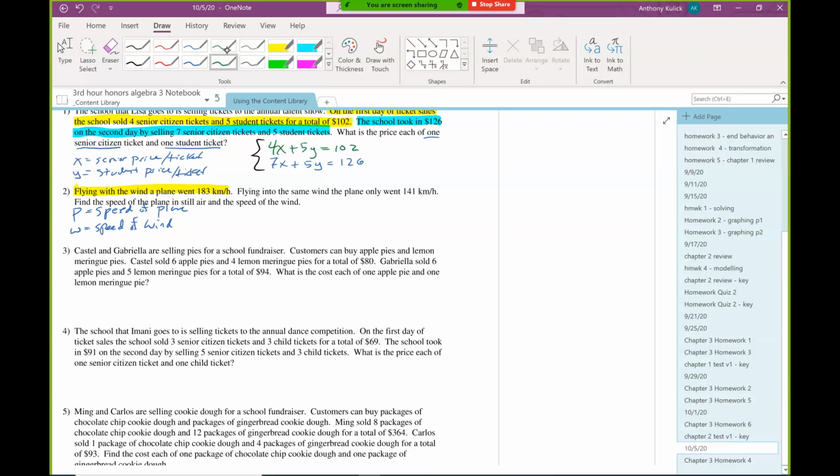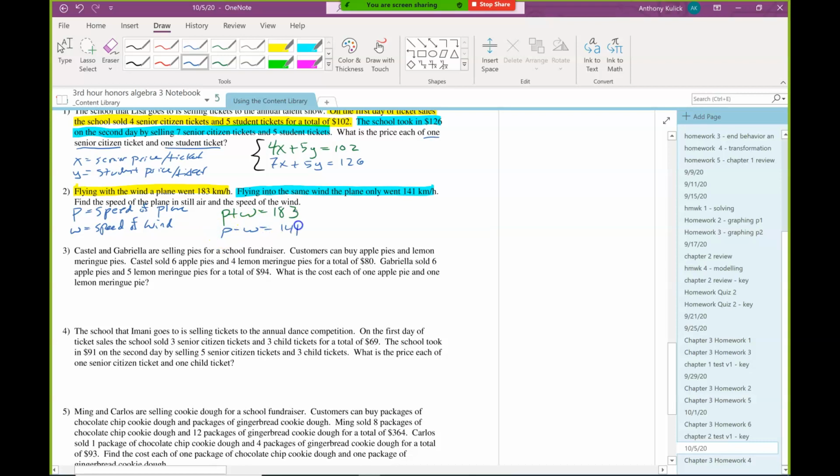Okay, so how do I write an equation then? Good. P plus W equals 183. The second equation says flying into the same wind, the plane only went 141 kilometers per hour. Yeah.